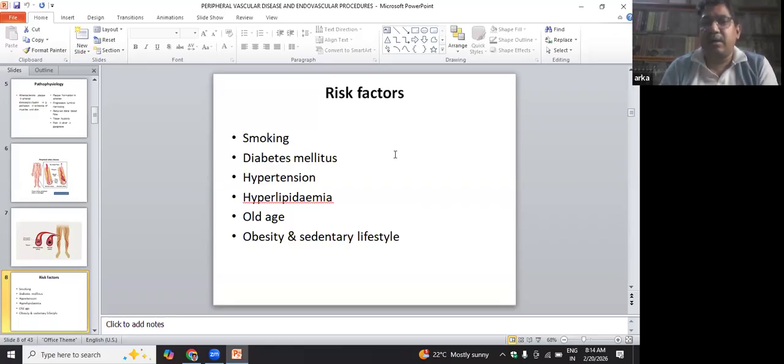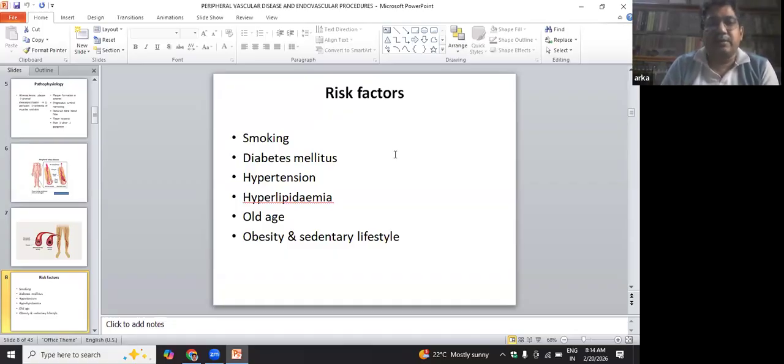These are all interrelated: obesity and sedentary lifestyle are associated with diabetes mellitus and also hyperlipidemia. Even smoking is a cause of atherosclerotic plaque formation, as nicotine can damage the intima of the arteries, which increases the chance of plaque formation and deposition.